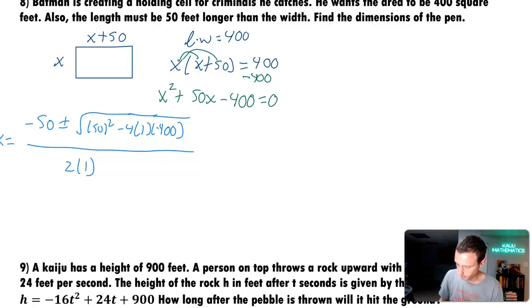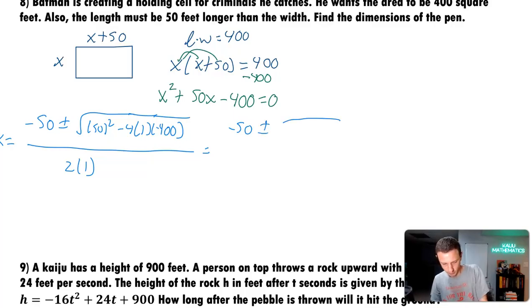So on the inside of the radical, 50 squared minus 4 times 1 times negative 400. So negative 50 plus or minus the square root of, and I'm getting 4100, all over 2 times 1.